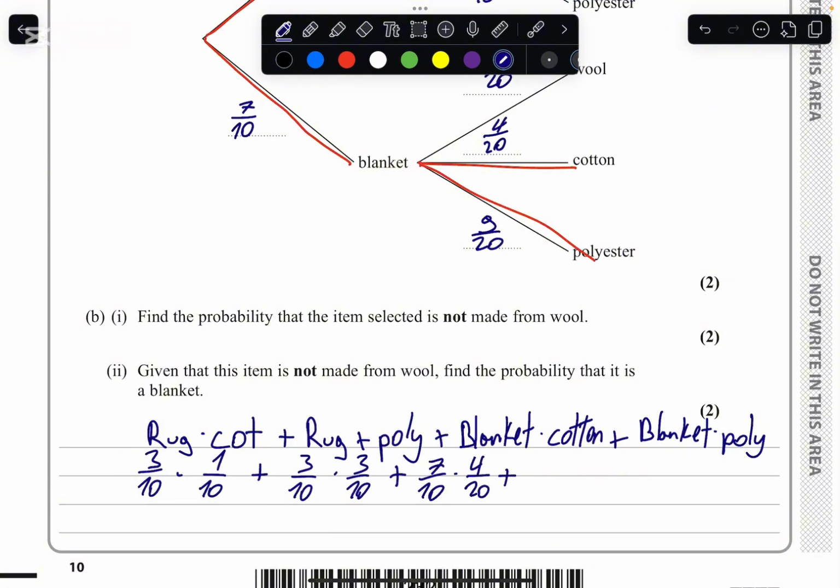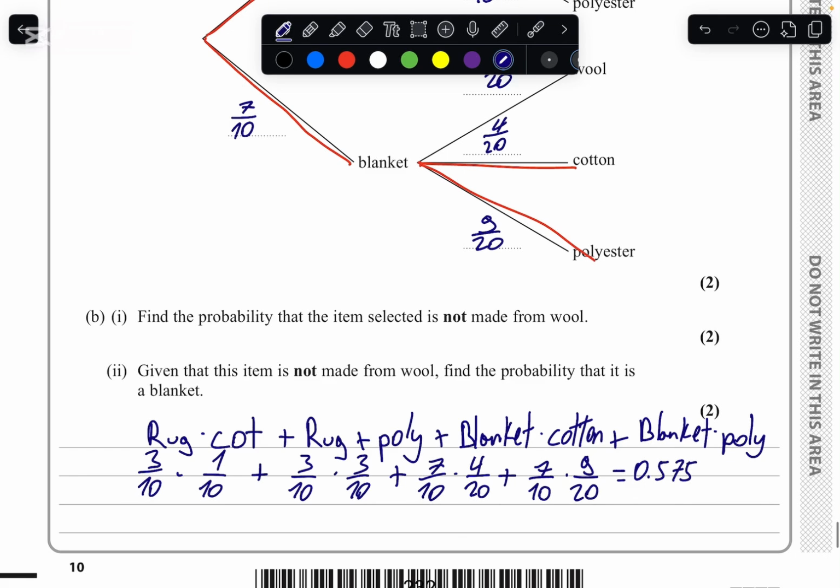Plus the probability that we're gonna get a blanket that's polyester. We get an answer of 0.575.